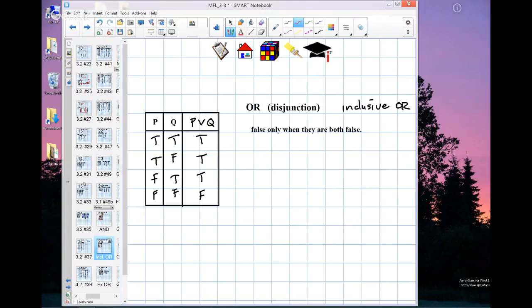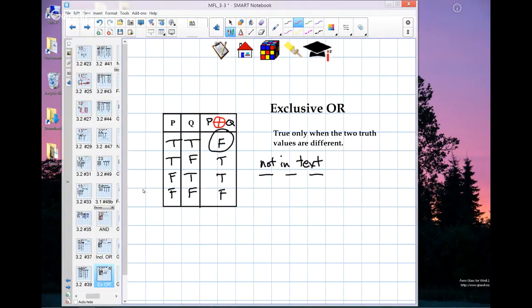And then here comes the one that wasn't in the book, the exclusive or. I said it was true only when they're different, meaning if one's true and one's false, then it's true. But if they're both the same, then it's false. TT is false, FF is false, but when they're different, it's true.